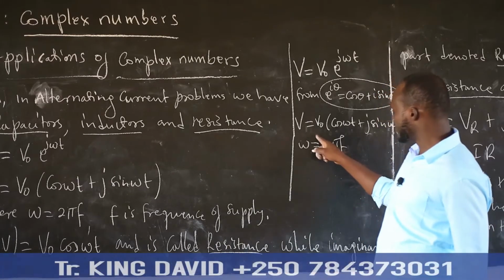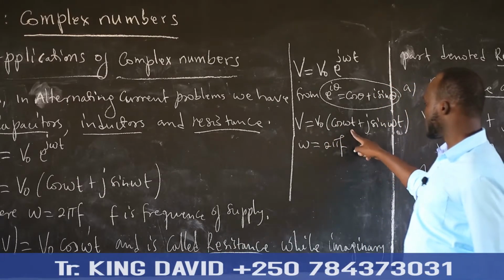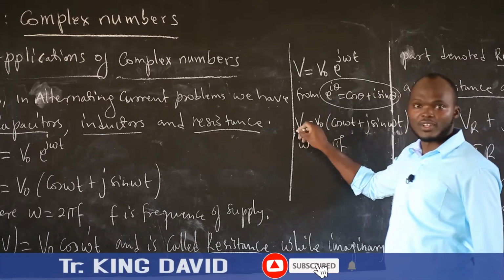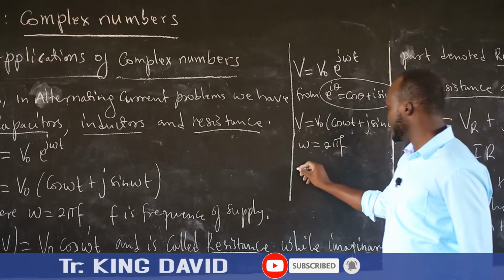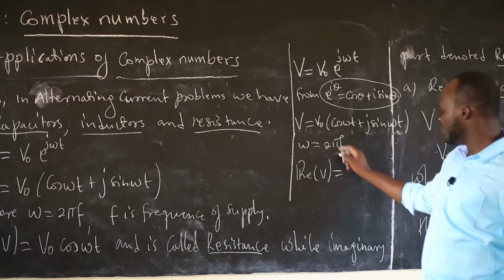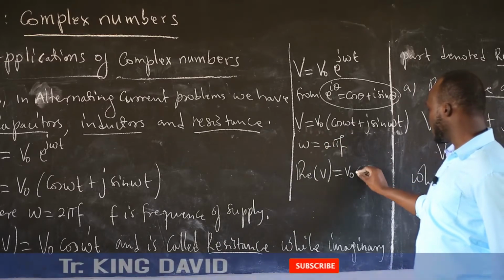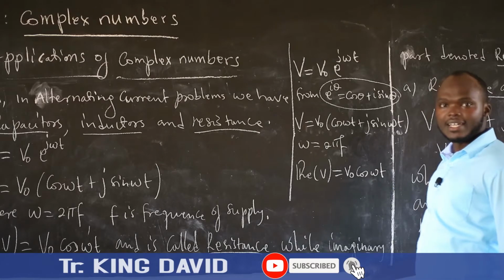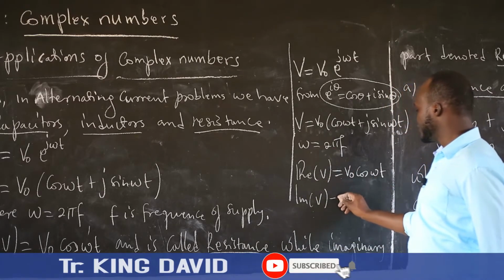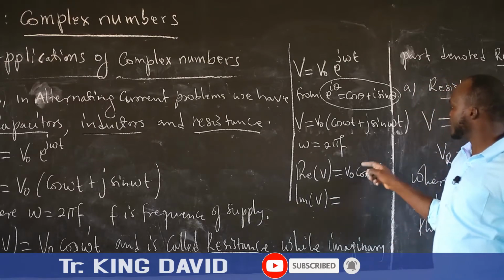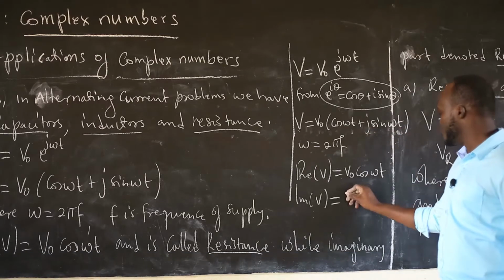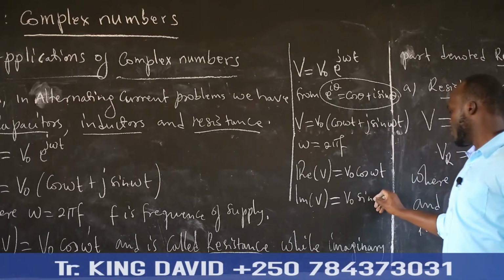So when you have V equal to VO into bracket cos omega t plus j sine omega t, what will be the real part of this voltage? The real part of V will be VO times cos omega t. Then the imaginary part will be the coefficient of j, VO sine omega t.